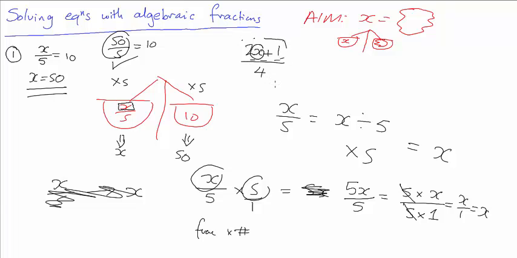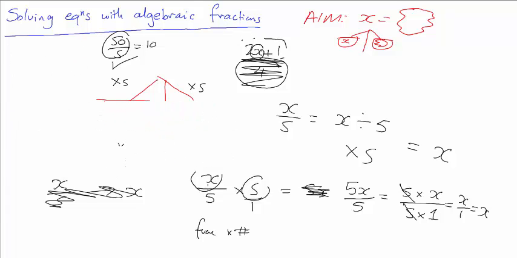So, general rule: you're always going to times by whatever's on the bottom just to get rid of the fraction. Remember that. Whenever you see a fraction in algebra, when you're trying to solve an equation, you're going to have to times by the bottom. That's how you get rid of it, because it cancels out. Anyway, you'll see this more as I do more and more examples.